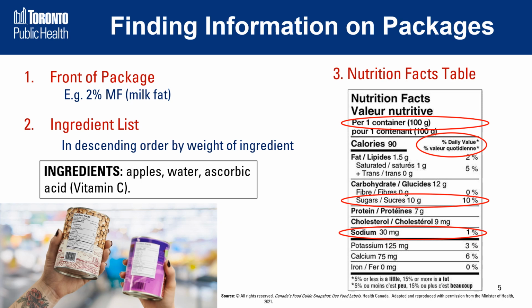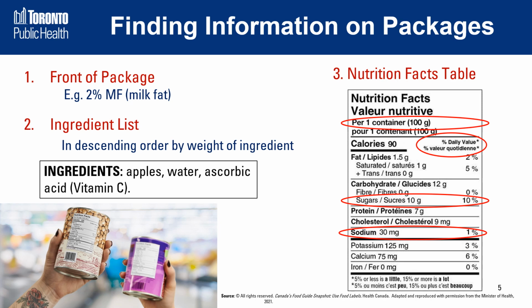The front of the package can give you some important information, such as % milk fat in dairy products, or indicate if a product is a good source of a specific nutrient, such as fiber. But beware, it can also mislead you. So it is very important to look at the ingredient list and nutrition facts table to get the full picture.